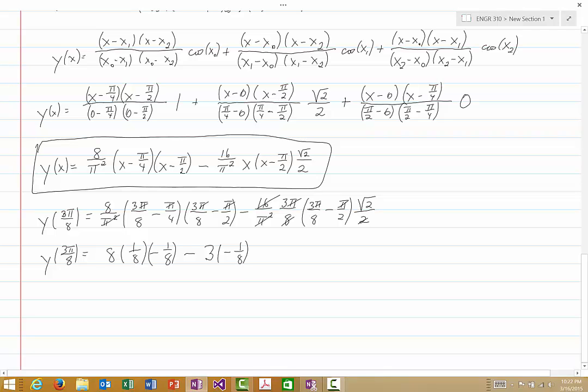And then we have square root of 2. So we're left with minus 1/8 for the first term, plus 3 times the square root of 2 over 8. And now let's get our calculator and see what that gives us.